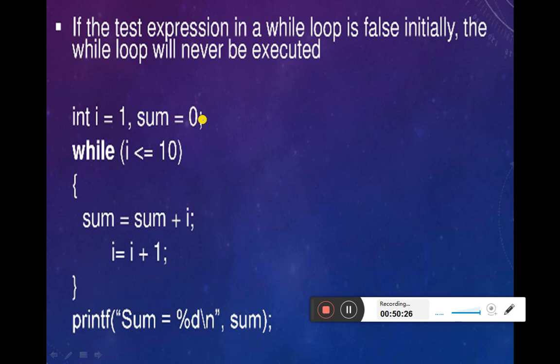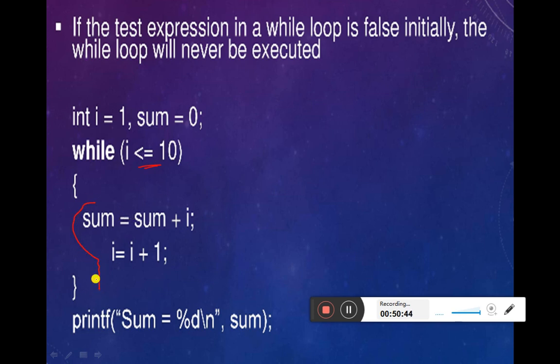The for loop is also entry controlled because the condition test is done before the body. The while loop is also entry controlled, because the condition test is done before the body of the statement.